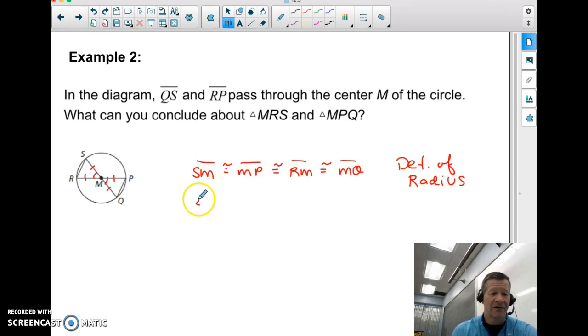Now, angle SMR has to be congruent to angle PMQ, and we know that's true because those angles are vertical. So, the vertical angle theorem.